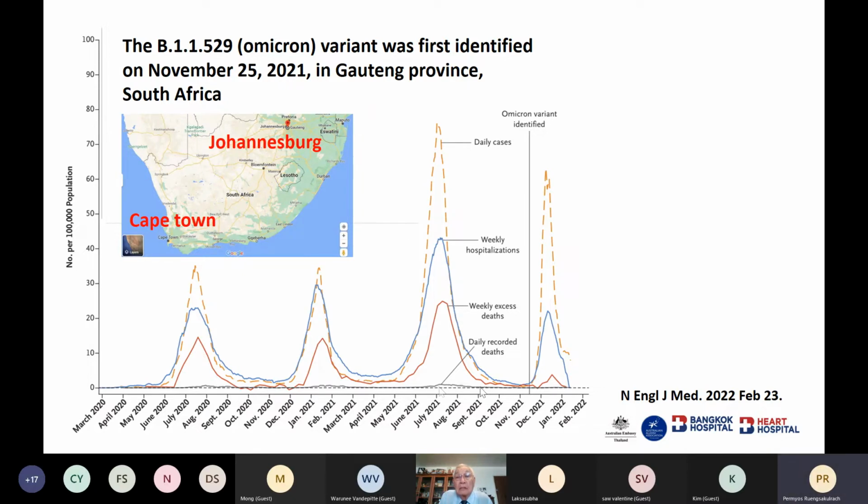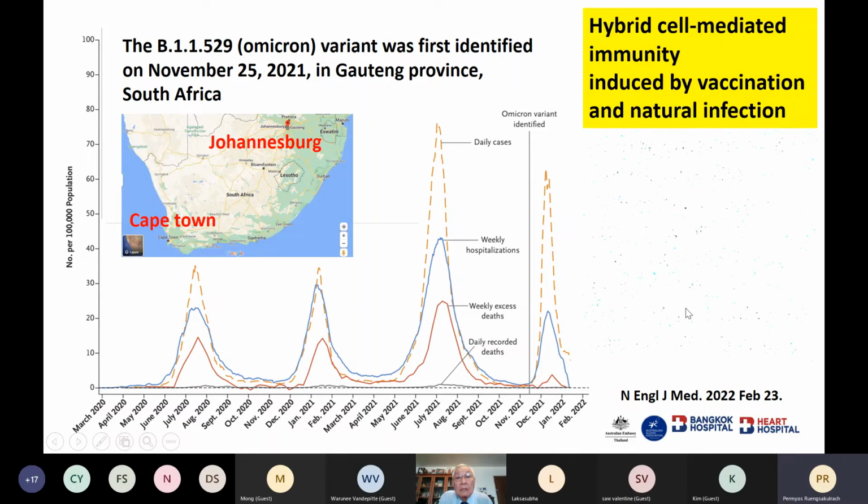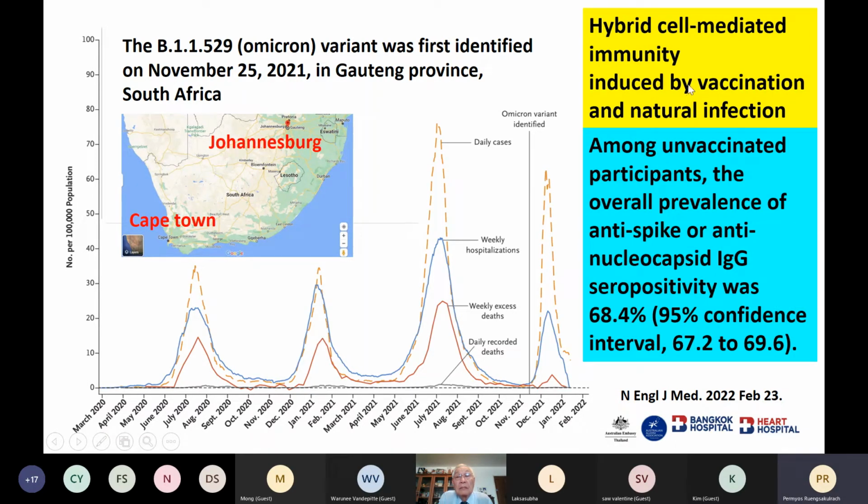Normally it takes many months, but for Omicron it took only 2 weeks to become dominant, and then it started to decline, maybe because of natural immunity combined with vaccine immunity. So it's a hybrid cell-mediated immunity between vaccination and natural infection, and it brings the curve down.